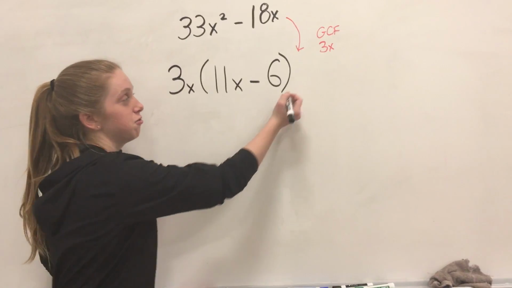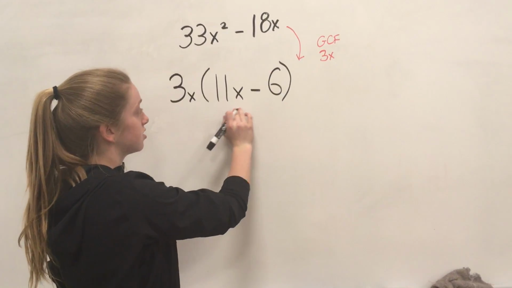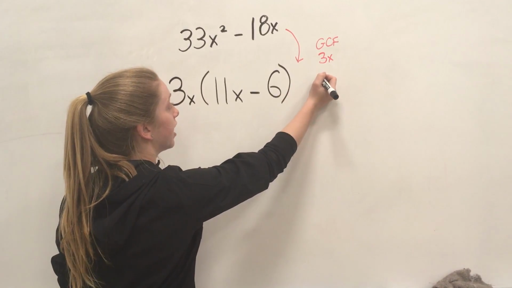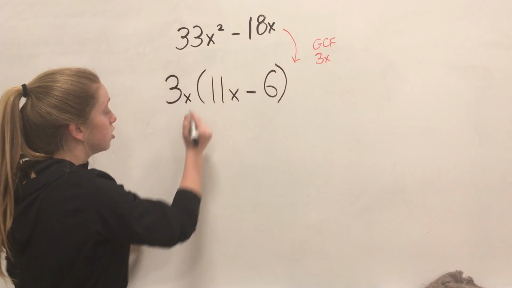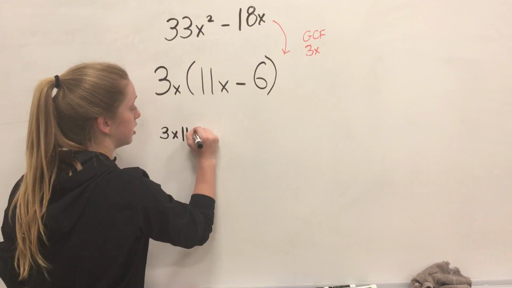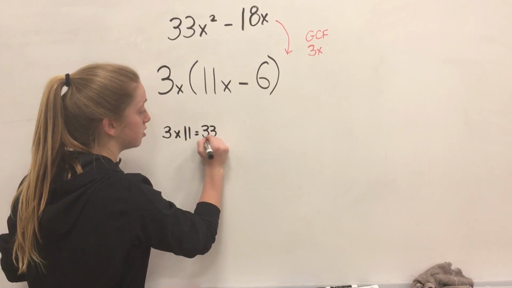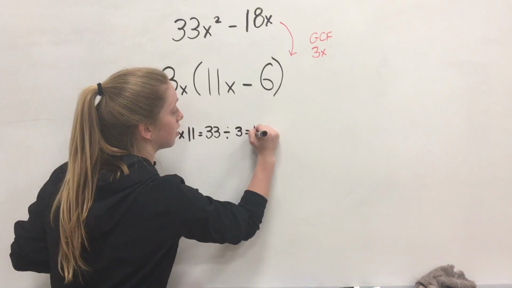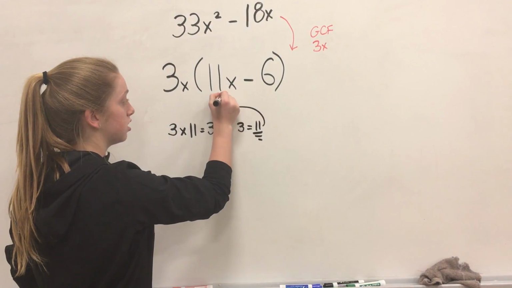So you have your GCF, which is 3x, and to get 11x minus 6, you have to figure out what it's multiplied by to get 33. So 3 times 11 equals 33, or you could do 33 divided by 3 equals 11, which is where you would get your 11, and that goes here.